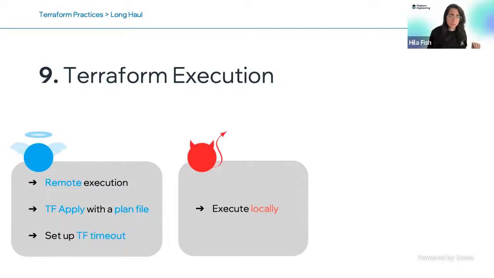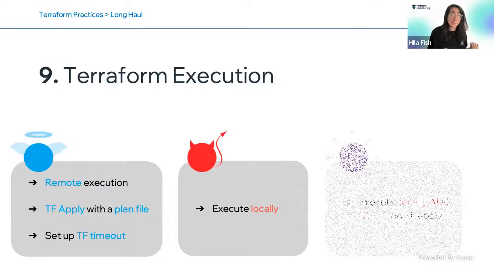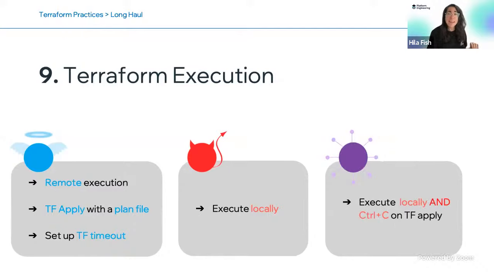So back to root, the bad thing is to execute locally, and the ugly thing is to execute locally and run Control-C while you run a Terraform apply, because trust me, it will mess up your state. When I just started out with Terraform, I didn't want to wait for the timeout because it was very long. I didn't set up a Terraform timeout, and then I just ran Control-C and it messed up my state.